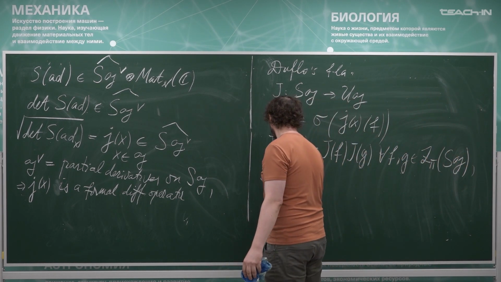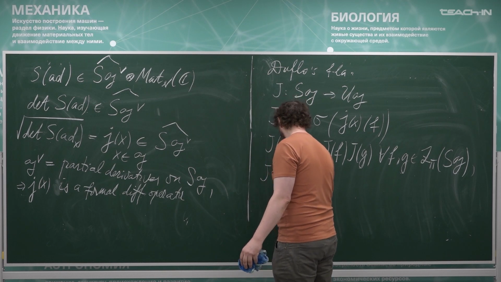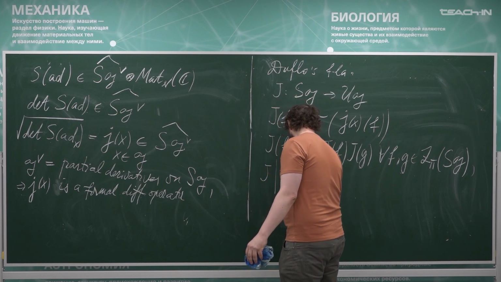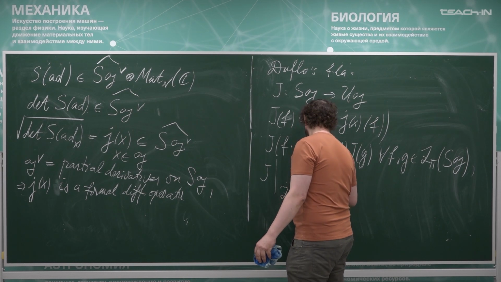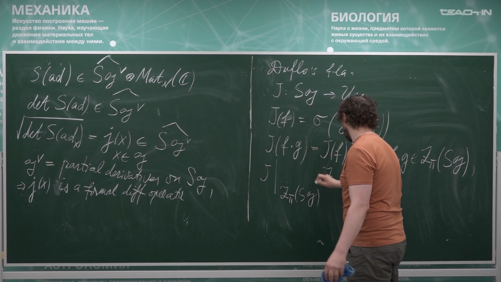So J restricted to the center is an isomorphism of algebras.